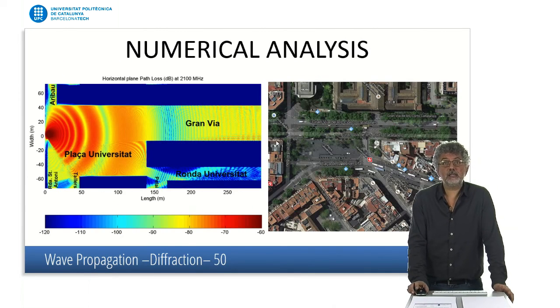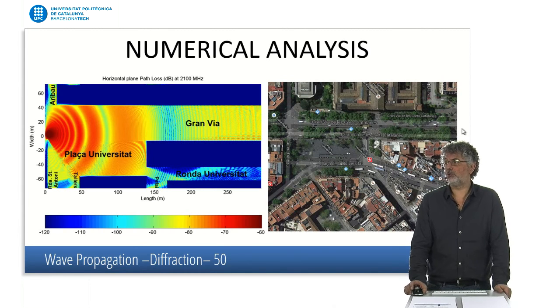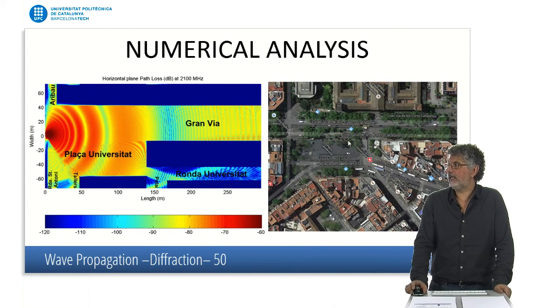Numerical analysis can be extended to complex situations. Imagine this. This is a city in which we are placing an antenna here, and we are computing the propagation losses. In that case, we have the effect of reflection of the ground, so this is why we have this sort of maxima and minima due to ground reflection. We can see here how we have diffraction caused in those edges.